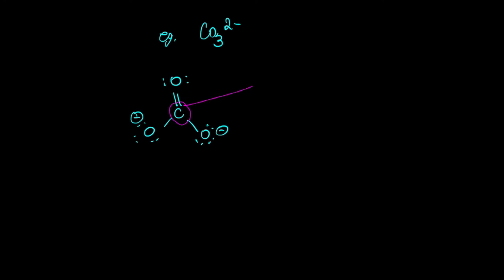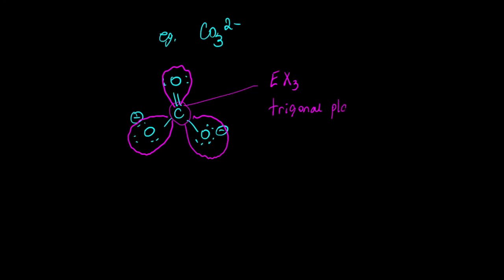So here's the central atom, and it's bonded to 1, 2, 3 groups, and there's no unshared pairs, and we know that this is called trigonal planar. So the electron geometry and the molecular geometry are the same. It's trigonal planar. That's a little bit about that.